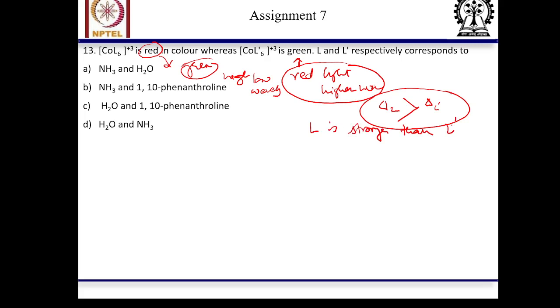Now we can see that definitely NH3 is stronger than H2O. So the first option is correct: the first is NH3 and the second is H2O. That is the answer for this question number 30.